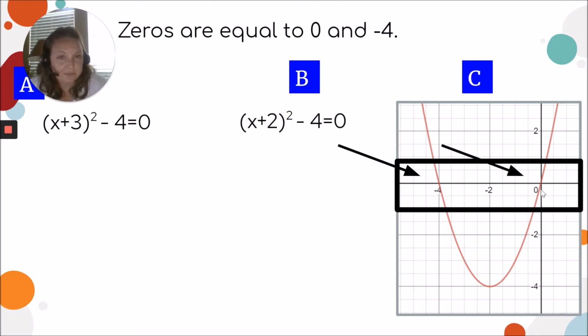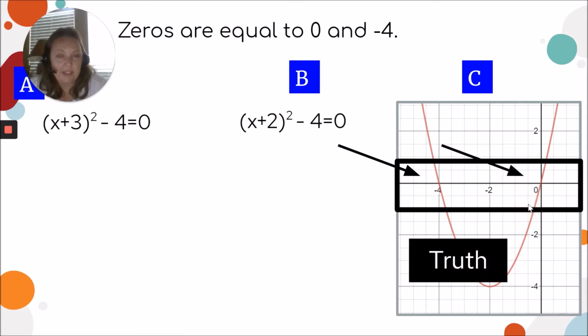So now I need to figure out, this is my truth. Now I need to figure out whether A or B is truth or a lie, knowing that one of these is the same as this graph over here. So let's work these out.